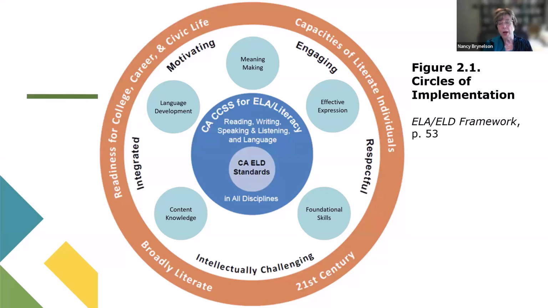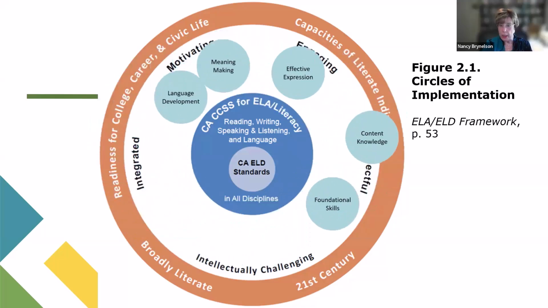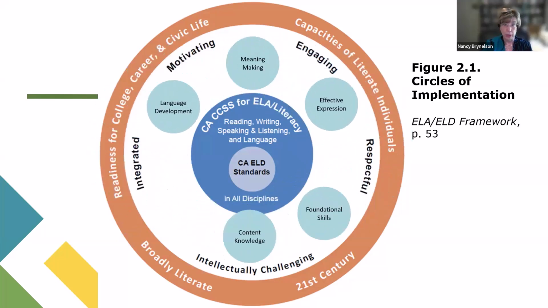And so these 5 themes of meaning making, effective expression, foundational skills, language development, and content knowledge were developed to be the organizing structure of the framework. Now, they don't all go in any hierarchical order. They're all critically important, as I'm illustrating with this animation.